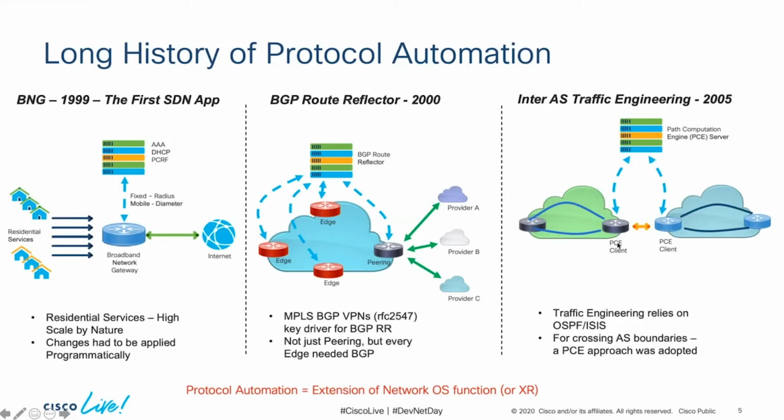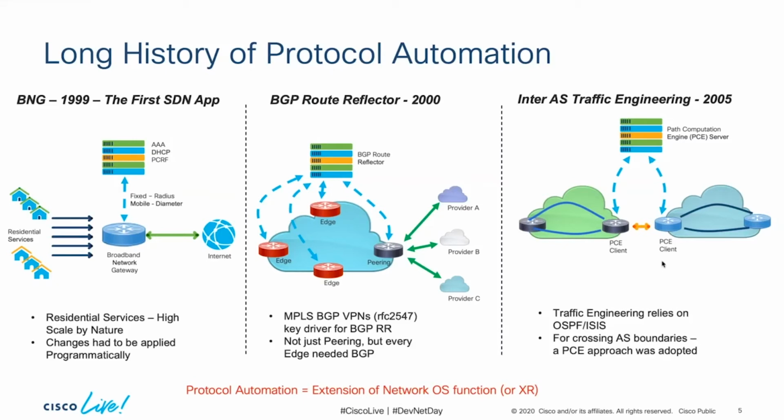A PCE client and a PCE server essentially became the PCE protocol. And that's how you had inter-AS traffic engineering. Now, if you take a look at all 3 of them, all have one very unique aspect. These are really extensions of the protocols. And when I say extension, it's basically the function that we've implemented in XR. Very similar to that, that's where we're headed with protocol automation.